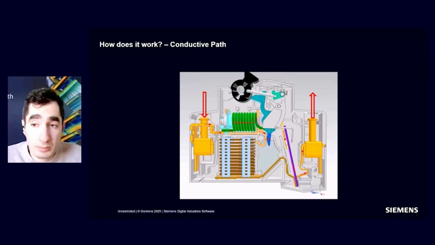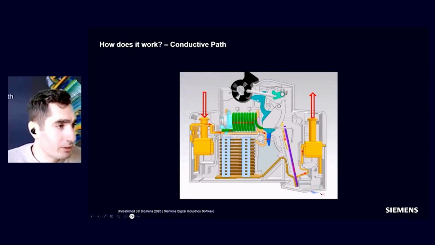A circuit breaker provides a continuous conductive path in normal operation. You can see here in the image, we have current coming in from this terminal, then flowing into this helicoidal shape, which is the solenoid, the magnetic actuator we will see later, then going into the mobile contact, flowing into the bimetallic lever, and then eventually going out.